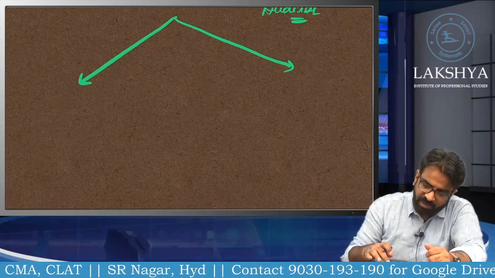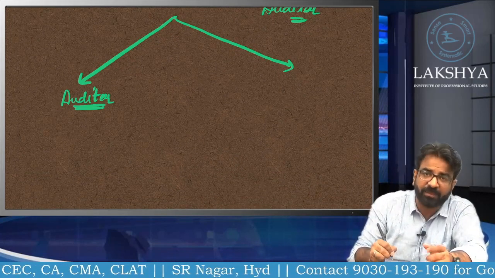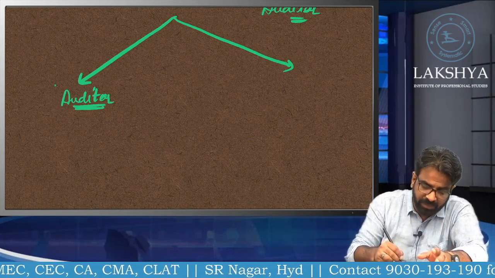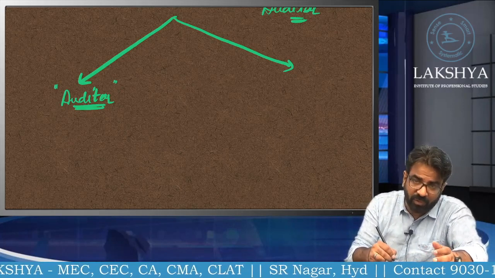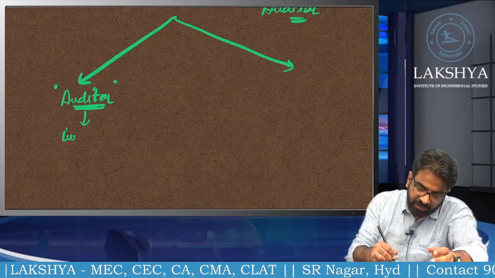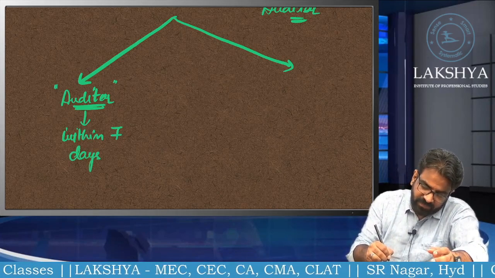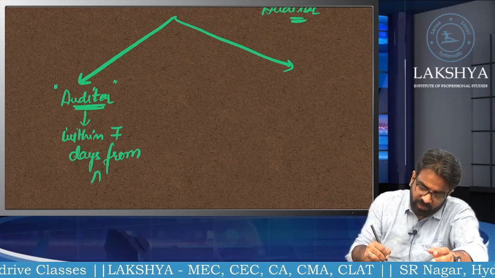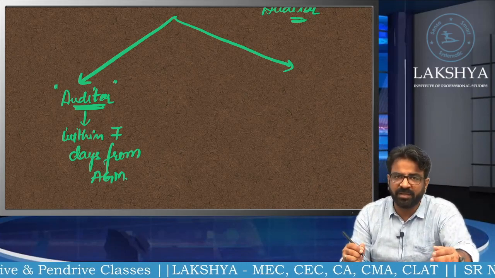Who are the two persons? One, the auditor himself. The company must intimate the auditor that you have been appointed, okay, come and collect your appointment letter. Intimation to the auditor must be within 7 days from the AGM. When do we have to intimate the auditor? Within 7 days from the AGM.